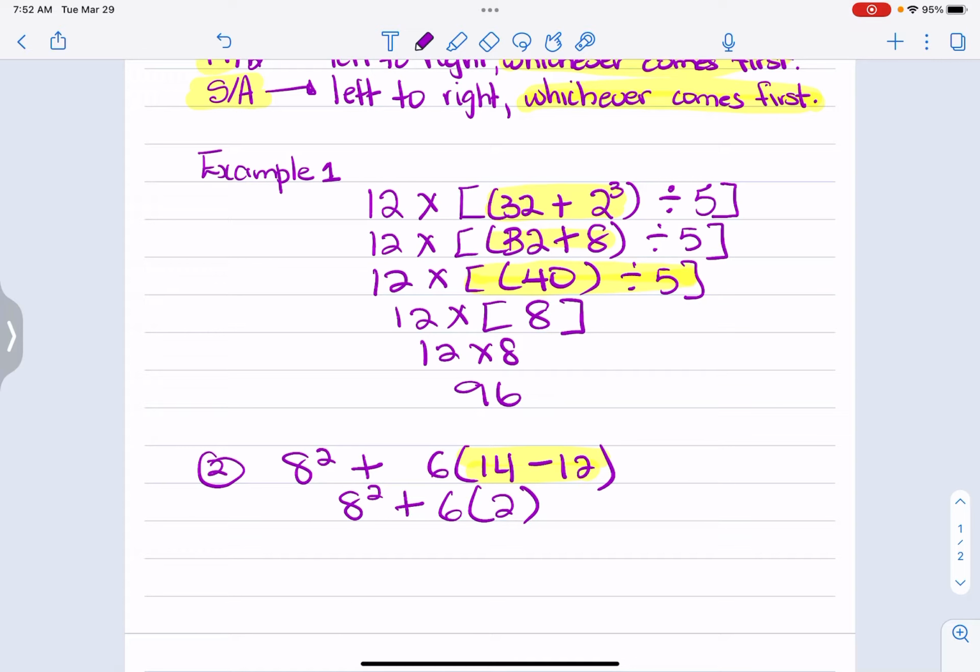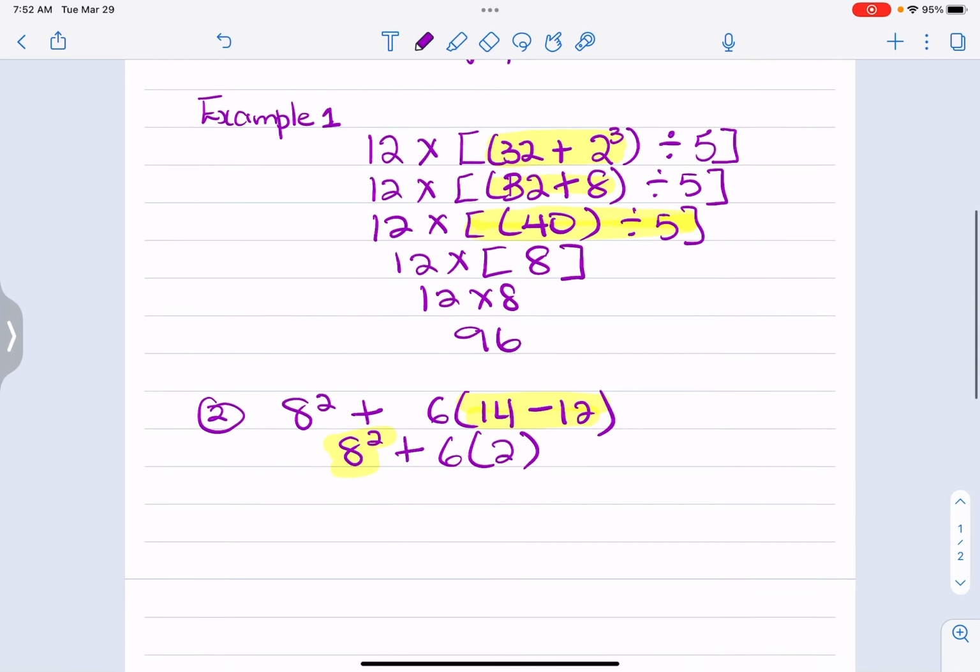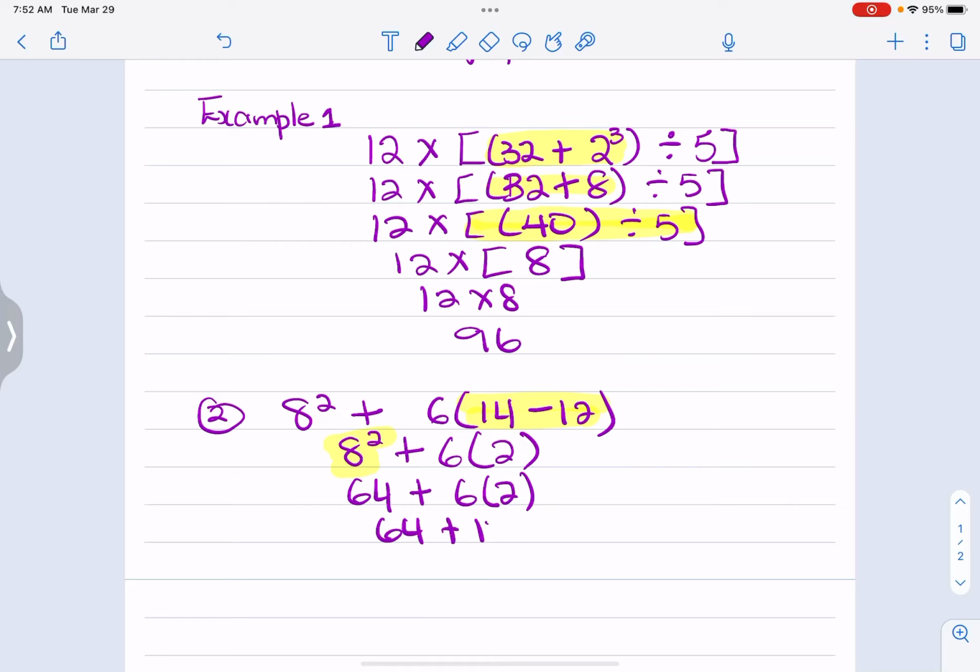Now we did the G. Now look at E, which is exponent. And 8 squared means 8 times 8, which is 64. So now I have 64 plus 6, and this parentheses means multiply, right? 6 times 2. So 64 plus 12, and 64 plus 12 is 76.